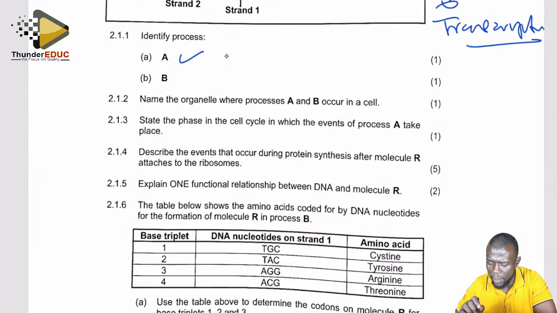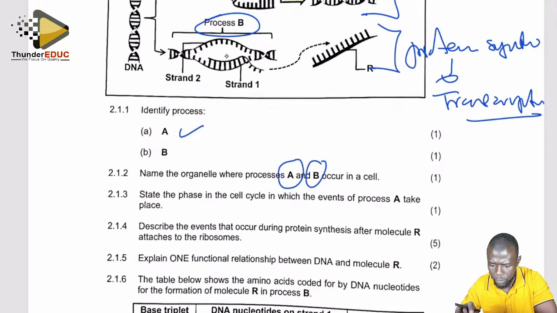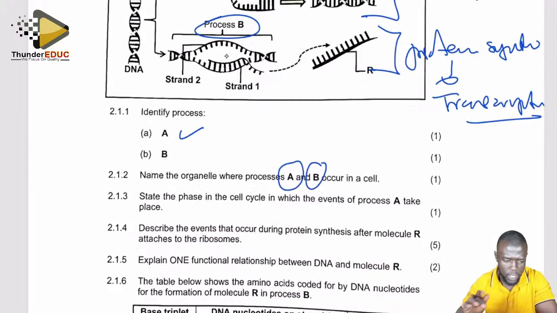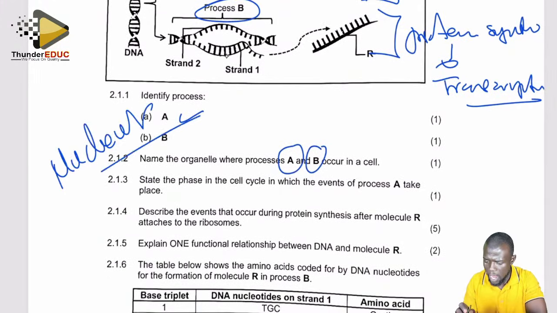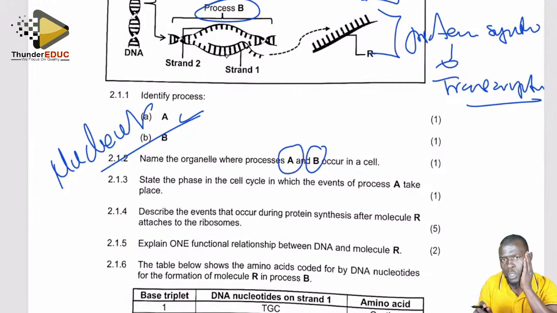Name the organelle where process A and B occur. That is the nucleus. Basically we only have two organelles we usually talk about: the nucleus, and then also the ribosome.